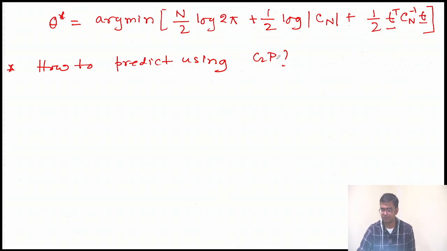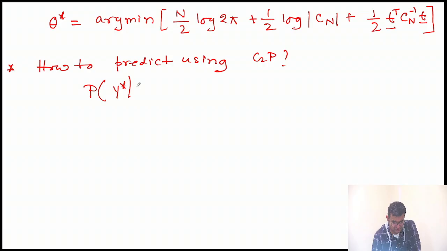What does it look like? Probability of y star given x star, comma D, the training data. This is what we want to compute: probability of y star given x star, comma D, and this D is basically x comma y.